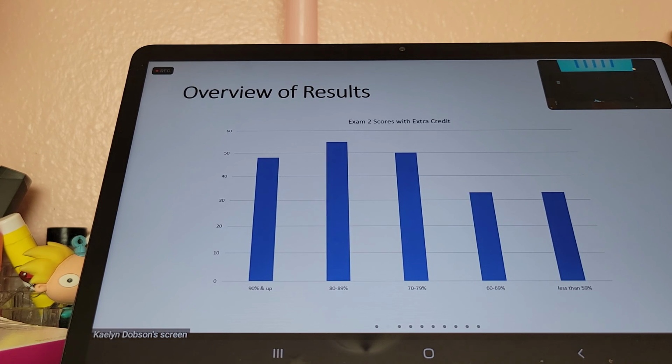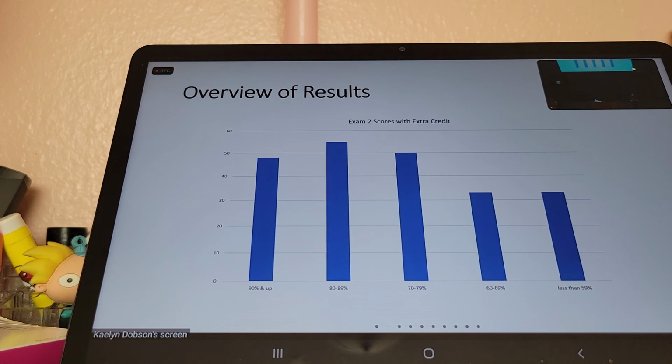What's going on is that in the less than 59% group, there's quite a tail out in terms of grades, and that's what pulls the average down. Without that big, long tail, we'd have a higher average overall. The overall grades look good.